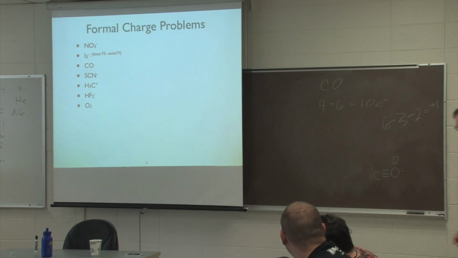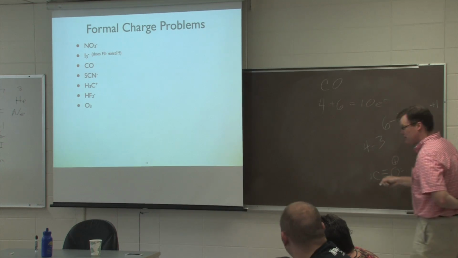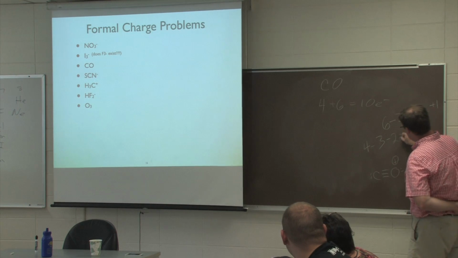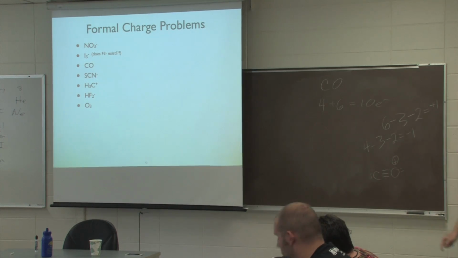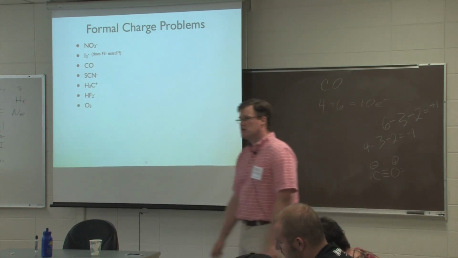How about carbon? Group 4 minus 3, same as with the oxygen, minus 2. That equals negative 1. So we have a minus charge on that carbon and a positive charge on the oxygen.